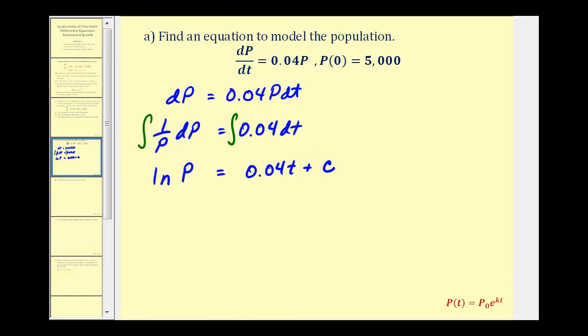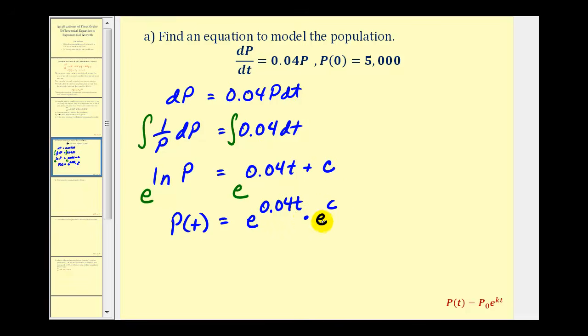Now once we have this equation, if this is true, then e raised to the power of natural log P must also equal e raised to the power of this sum. By doing this, the left side simplifies very nicely to P, which we know is going to be a function of t, so we'll write P of t equals, now because we have a sum here, e to the 0.04t times e to the c.